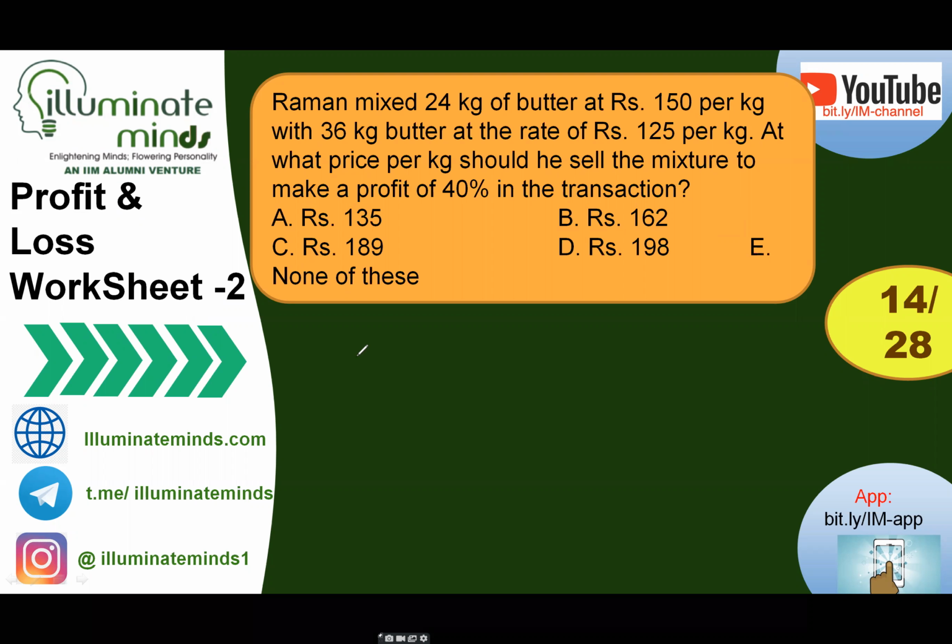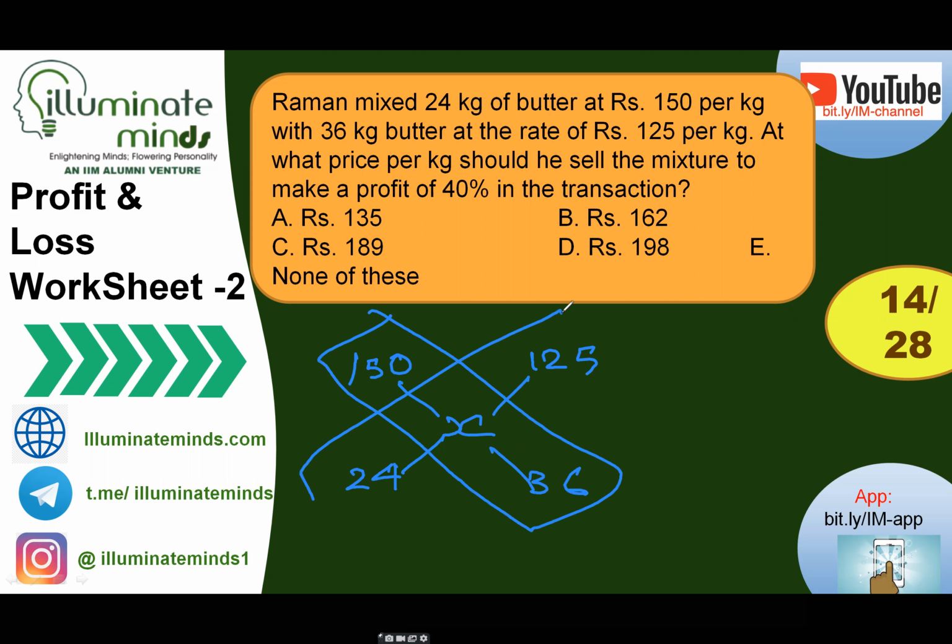Rupees 150 per kg is one price, 125 is the other. He sold 24 kg of this, 36 kg of this. So let's try to reach this figure first. X is the cost price, and then on that cost price we'll calculate the selling price by multiplying it with 1.4.